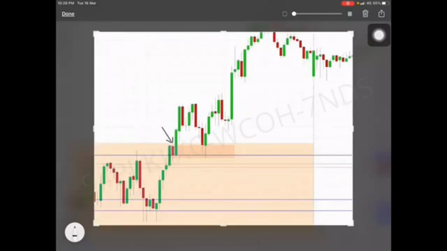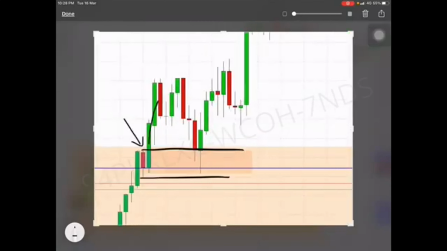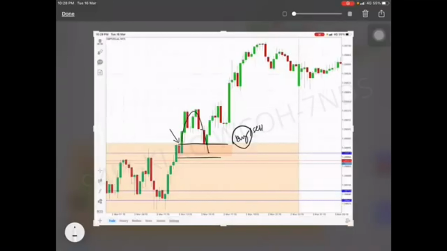When the price comes back to the zone, are we going to look for buy or sell? We're going to buy. Okay, do you have any other questions? Is it clear how to enter? Is it clear how to use the SOP now? Yes.